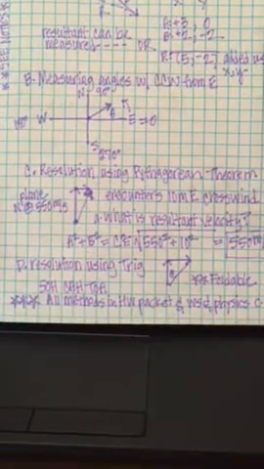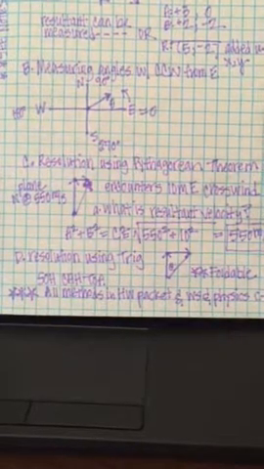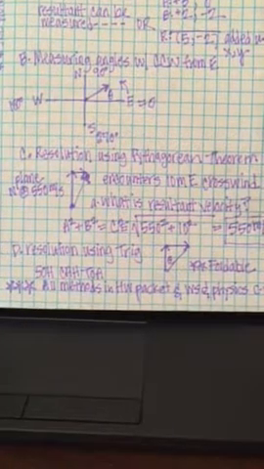The next method is resolution of vectors using Pythagorean theorem. And so if you have two vectors, that's our resultant, that is going to make a triangle. So if we're going to resolve that, then we can use Pythagorean theorem based on a word problem. Go ahead and consider the word problem here.